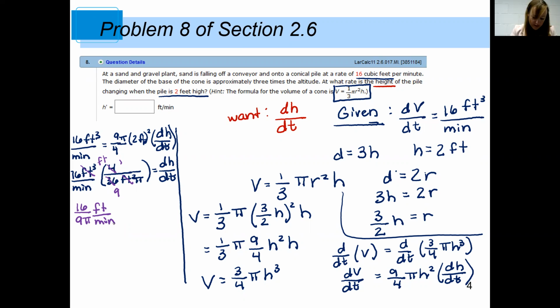So we look at what is 16 divided by 9 pi. So I get 0.566 feet per minute for that rate of change.